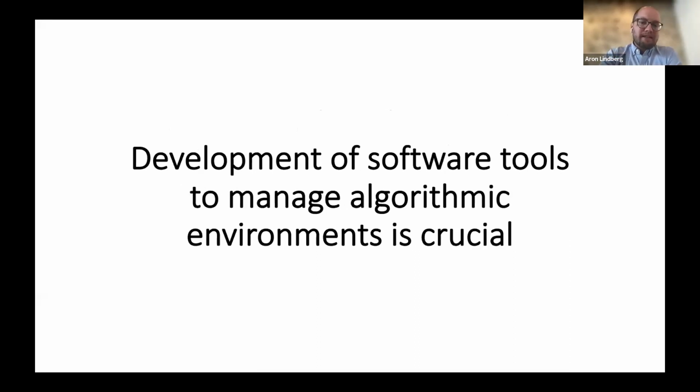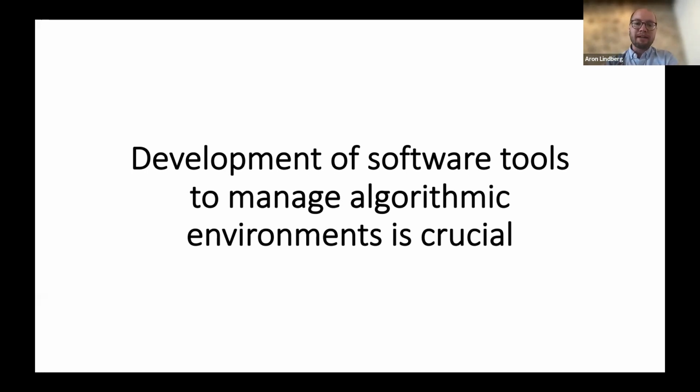I also see that developing software tools to manage algorithmic environments is crucial. Because these environments are so complex, because the behavior of algorithms and AI tools is often opaque to various observers, we need other software in order to make sense of how such algorithms function and what they're likely to do in various types of situations.